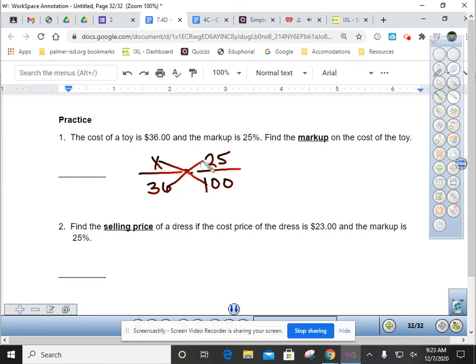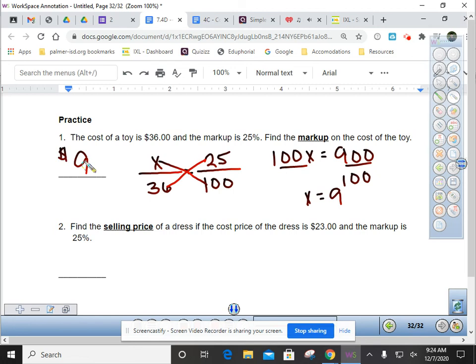So if I cross multiply, 100x equals 900, and I'll help you with the math. That's not too hard, is it? What do you do? Divide by 100. So what does x equal? $9. The markup is $9.